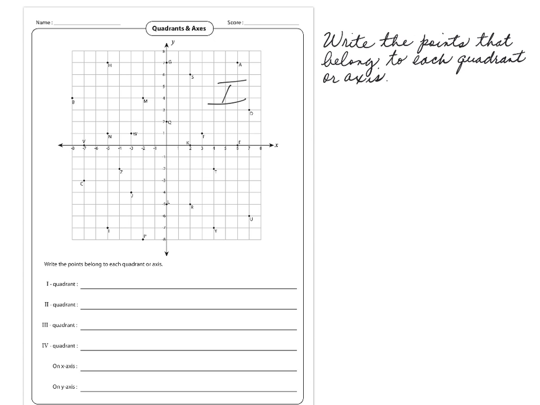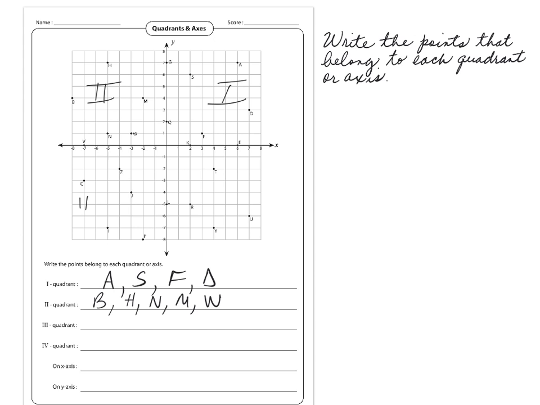The points there are A, S, F, and D. Quadrant 2, we have B, H, M, N, and W. All of those are in the quadrant. If they're on an axis, they're not in the quadrant.